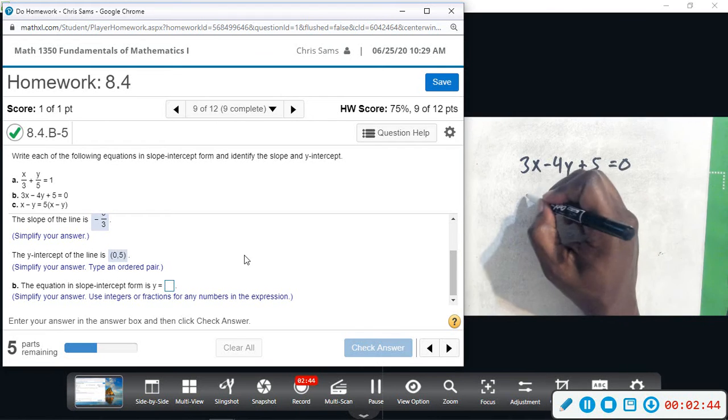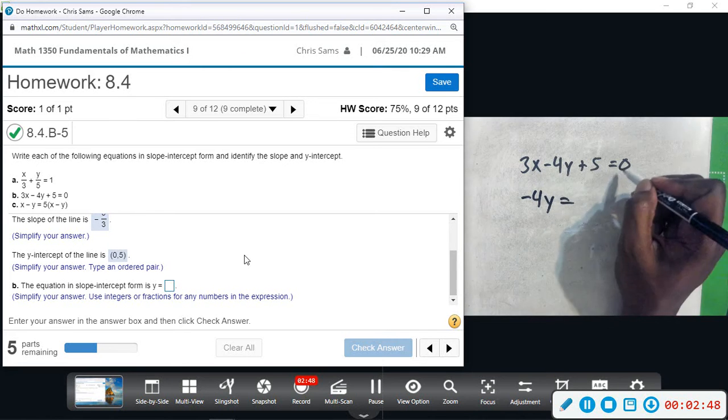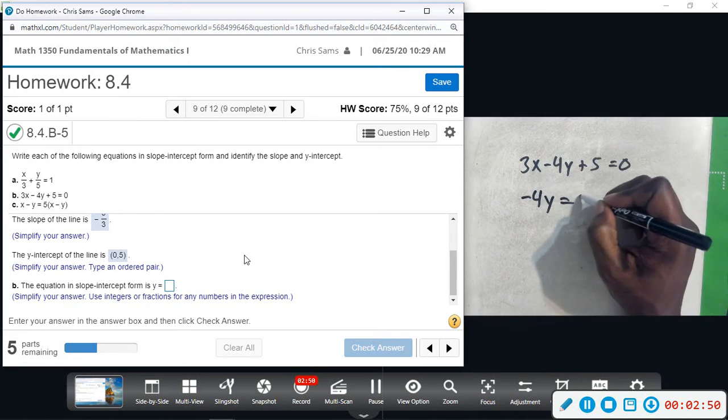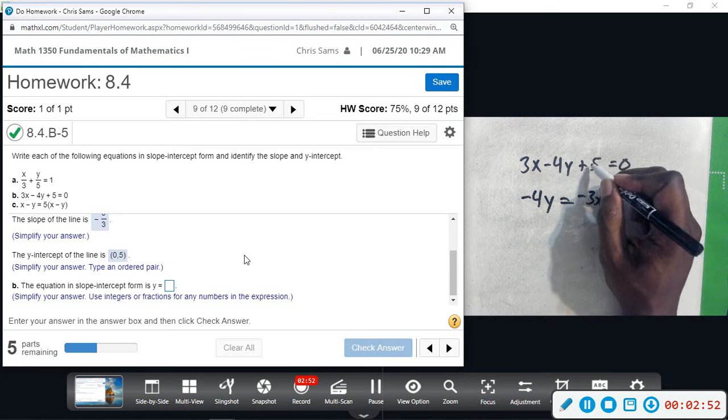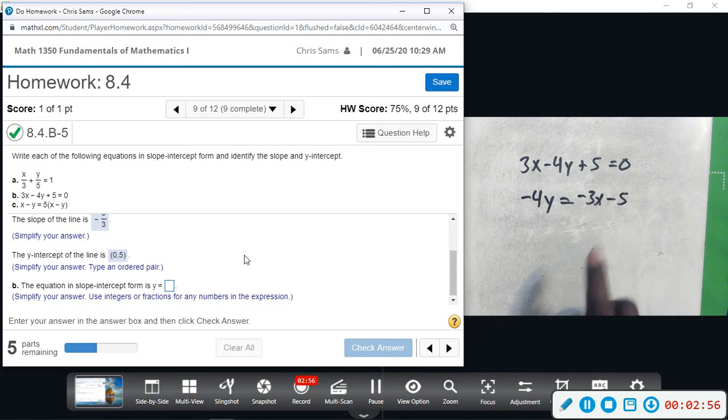So I'm going to bring down the negative 4y, leaving it, equal sign, and then move the 3x over. It's going to be negative 3x. Move the 5 over. It's going to be minus 5. Okay, so just move those over. And I always put the x term out front.